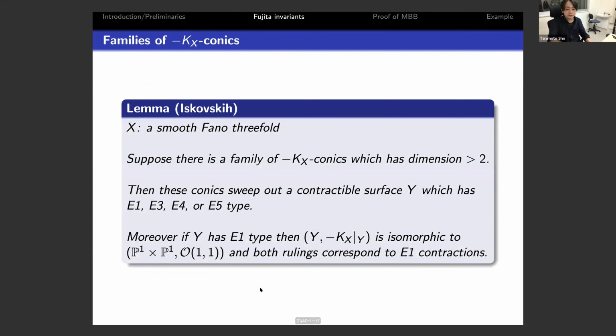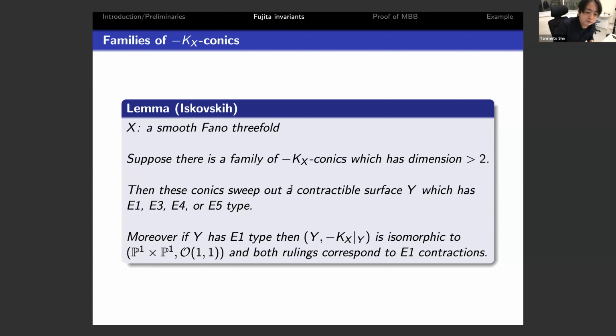Something similar holds for conics as well. This is also essentially known to Iskovskikh. Suppose there is a family of minus KX conics which deform in dimension more than 2, where the expected dimension is 2, so this moves more than expected.